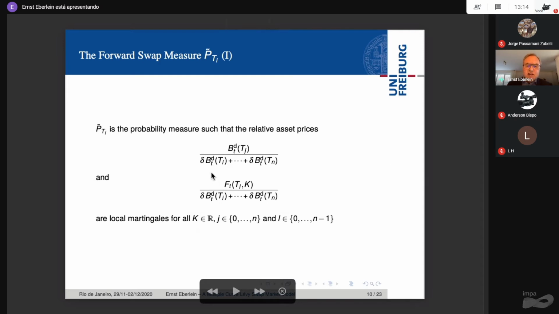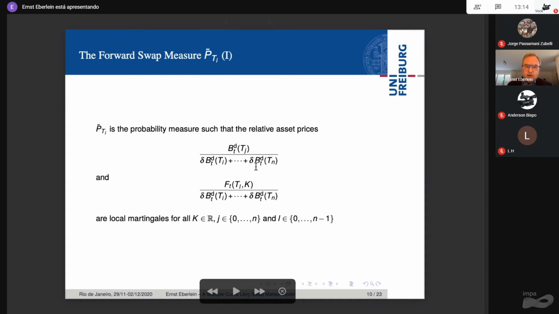As I said, these sums which we saw play now a key role as a numeraire, as the discount factor. The key technical tool which comes in here is the forward swap measure. You might be familiar with a forward measure where you discount just by the corresponding bond price. Here it's a bit more sophisticated.